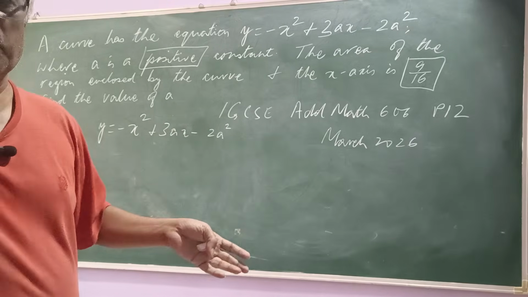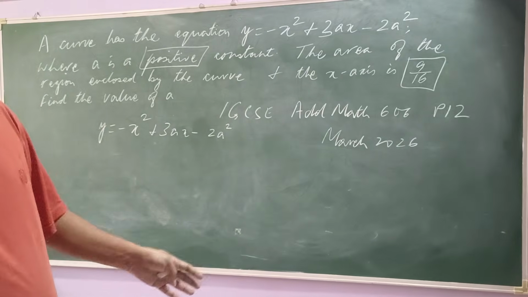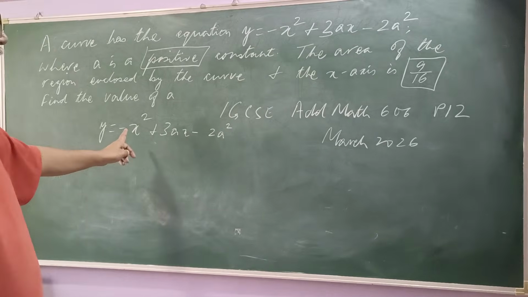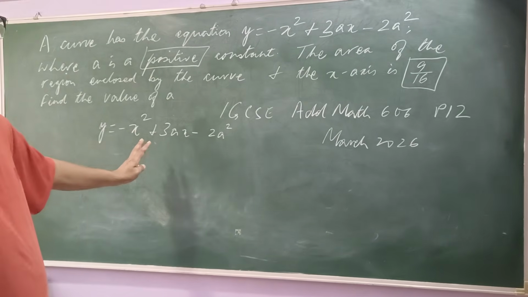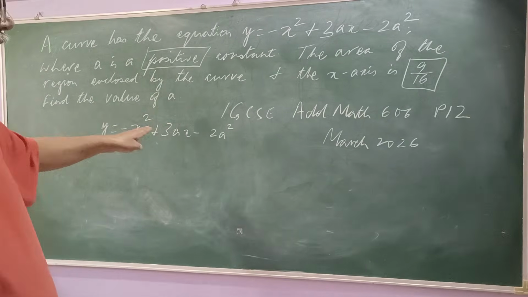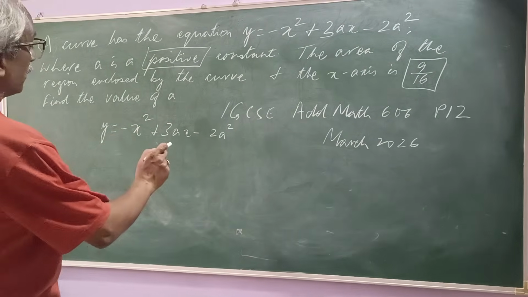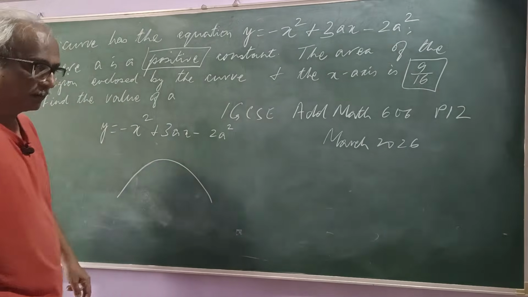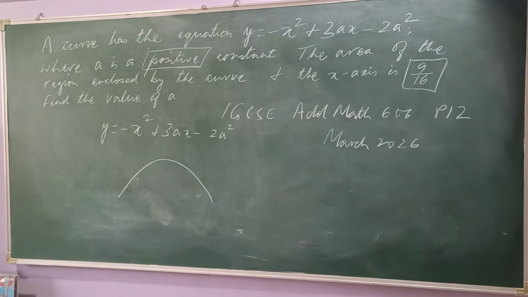So it should be a parabola, right? Now the coefficient of x square, the leading coefficient, is negative. Therefore, the parabola will be concave downward. Correct? It will be concave downward.